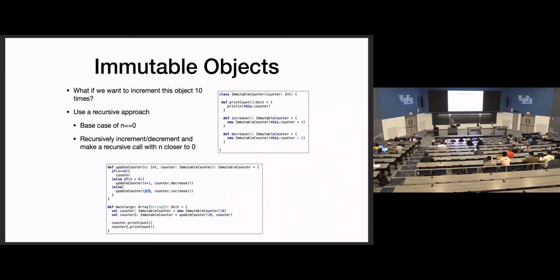And then that's going to make a recursive call that says, okay, I'm going to call increase once. Recursive call, you got to call increase 18 more times. That's going to call increase once. Make a recursive call, you have to call increase 17 more times. And so on until we get down to 0. Once n equals 0, return the counter. And then that counter should have the final answer, which is just going to be returned up all the way up the recursion.